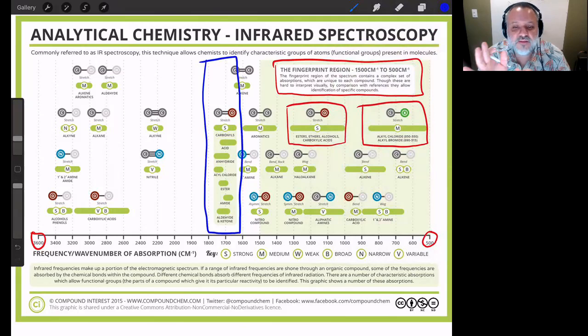Now, let's continue to look over. Notice that it's a strong signal. Let's take a look at some of the other stuff in this area that's also particularly helpful. Look over here in the 2200 to 2400 range.